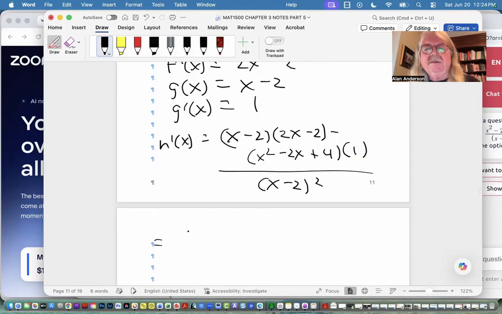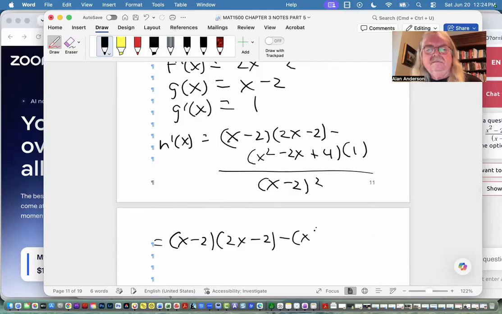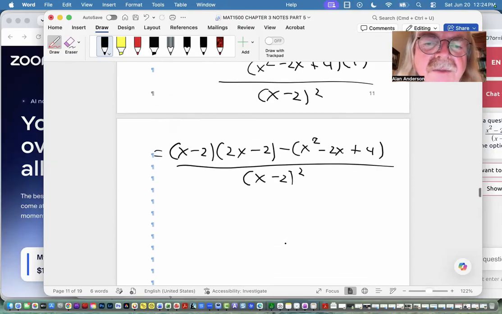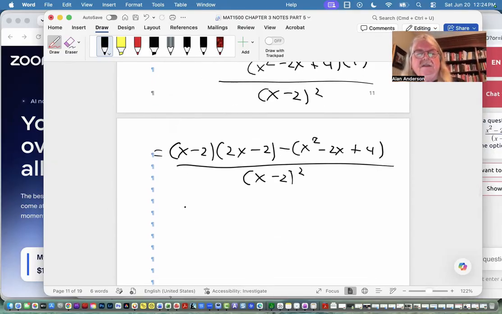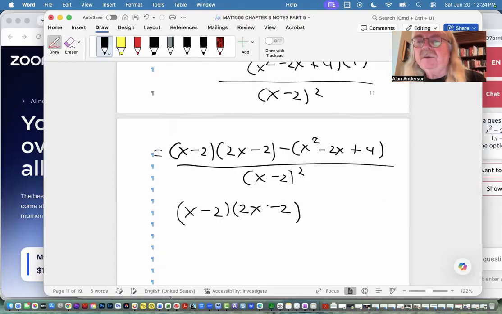All right, so let's clean this up a bit. I think we should simplify it. The first term can be solved for with FOIL.